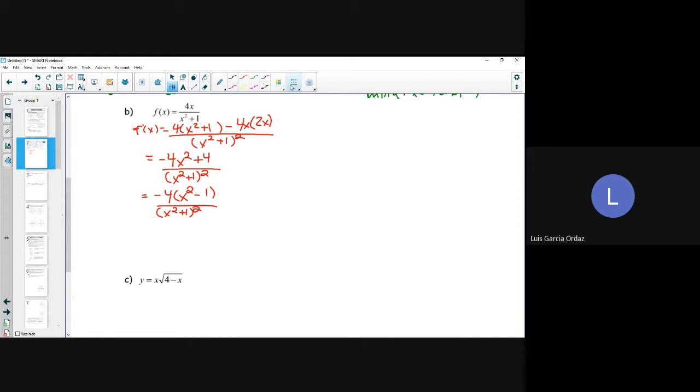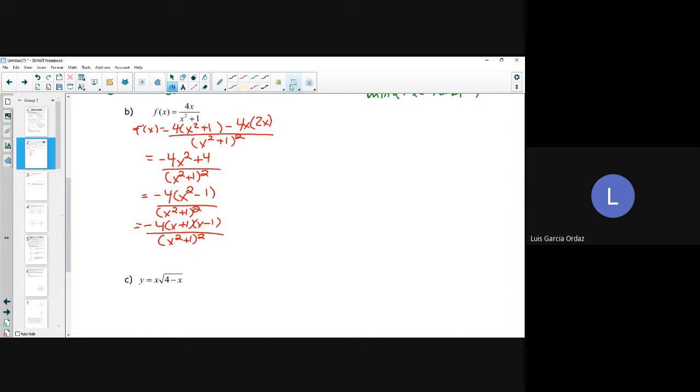What can I factor x squared minus 1 into? Difference of squares. So I get negative 4 times x plus 1 times x minus 1 all over x squared plus 1 all squared.